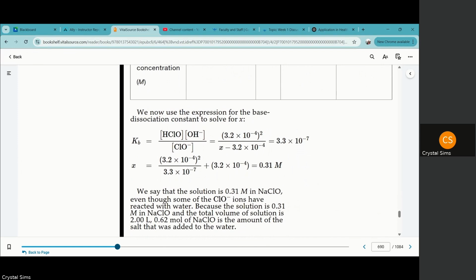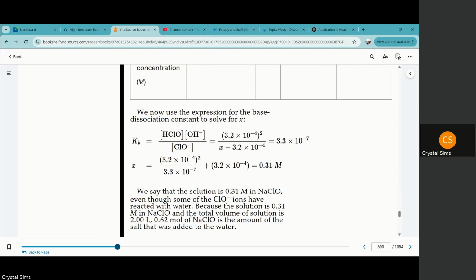We can now figure out how many moles of the sodium hypochlorite were added. So some of those hypochlorite ions did react with water. I mean, they had to, but it's very few. So we're going to say that the solution is 0.31 molar, even though some of those have reacted with water. Because the solution is 0.31 molar and the total volume is 2 liters, then we have to multiply by 2.